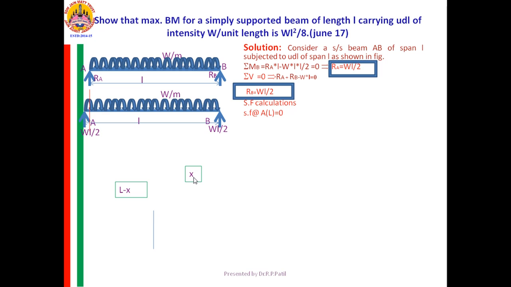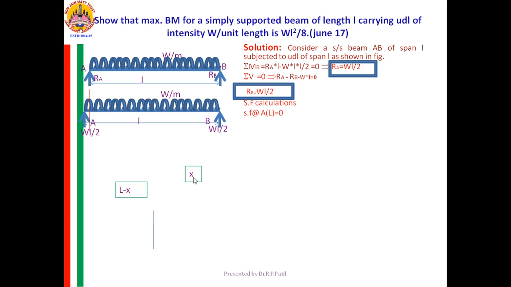What was it? WL by 2. That UDL is, if you go by 1 meter, it is W. For a fraction of distance, it should not be taken into account. Whatever that small part is there, it is negligible. That is why it will not come into the calculation.